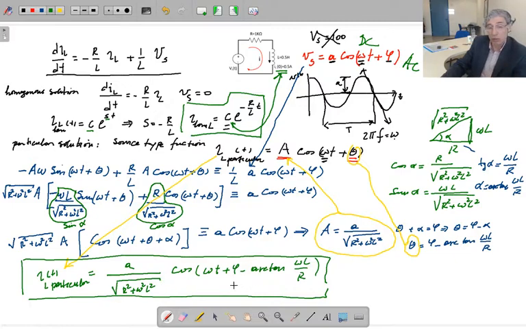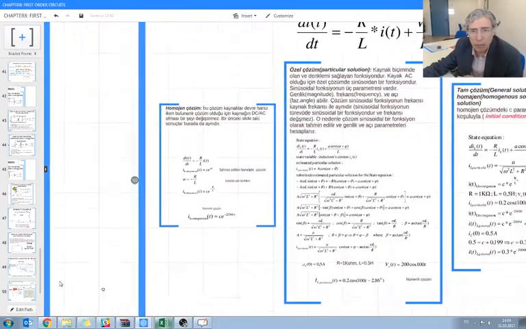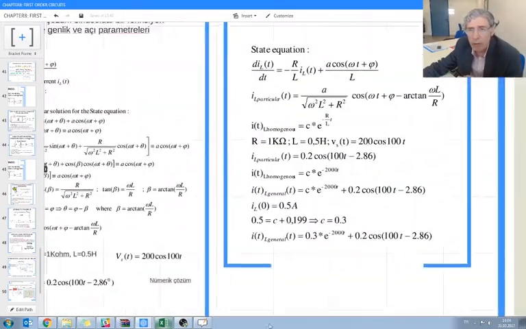In this case, we calculated two parameters here. Now we did the solution in general. We transfer this general solution, that means parametric solution, to the numerical solution. Let's do this now. Come to this one.